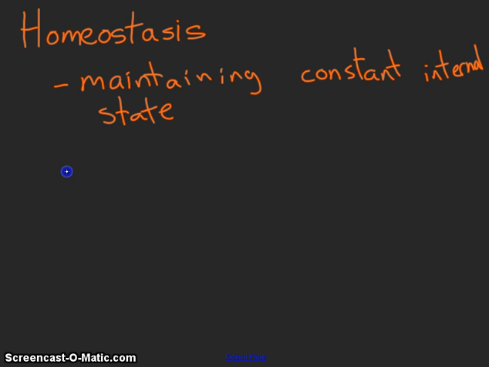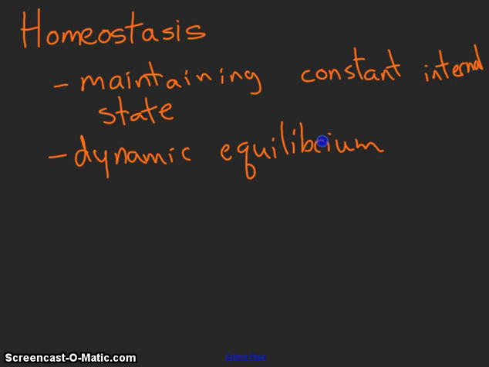So we kind of say it is constant, but don't get it mixed up with constant being exactly the same. In fact, another way that we refer to it is dynamic equilibrium. And that's probably a better way to say homeostasis, dynamic equilibrium.